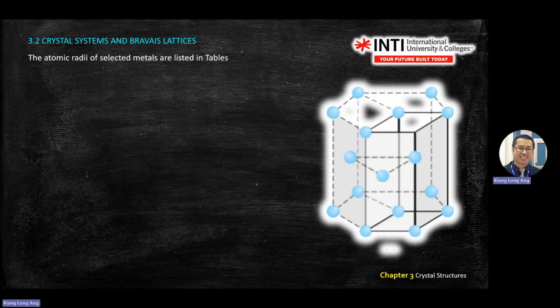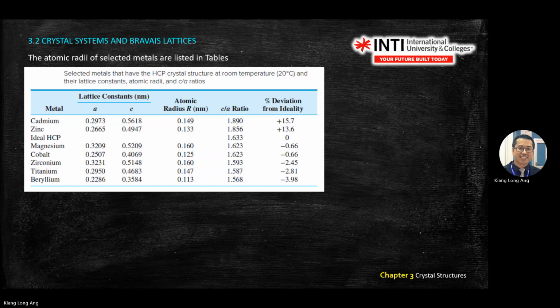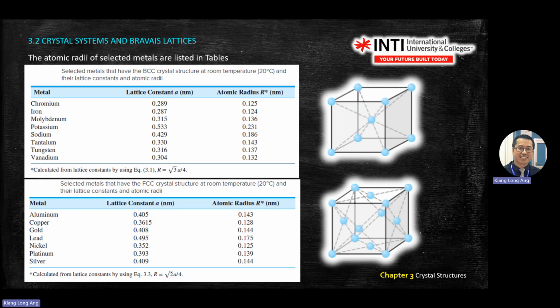Maybe I give you another one from the table just now. Okay. So prove that this is BCC if the R of the chromium is 0.125. Prove that chromium is having BCC crystal structure.